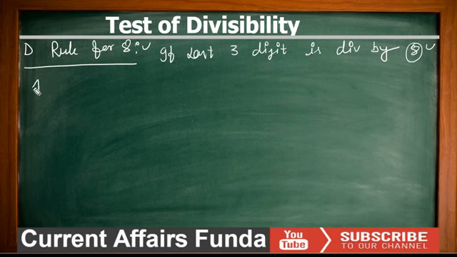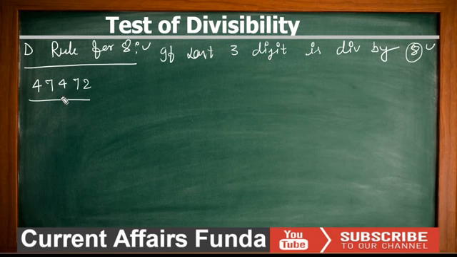See, for example, 47472. Suppose this is your number and you have to check whether it is divisible by 8 or not.